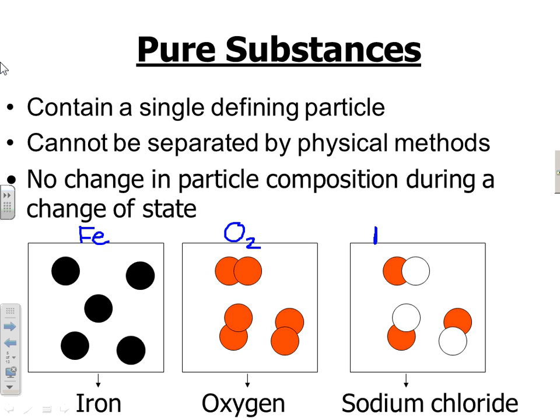And this is made up of an Na atom stuck together with a Cl atom. Again, chemically stuck together. In a lattice structure. But for each of these substances, each of their molecules and atoms are the same. That's what makes them a pure substance. Each of the atoms and molecules are the same. Okay?